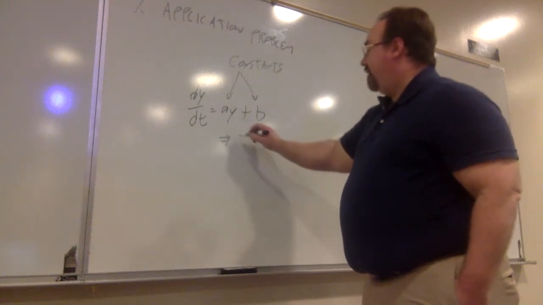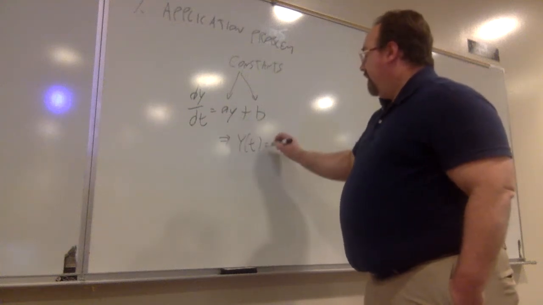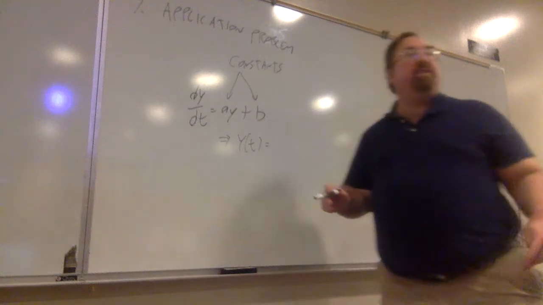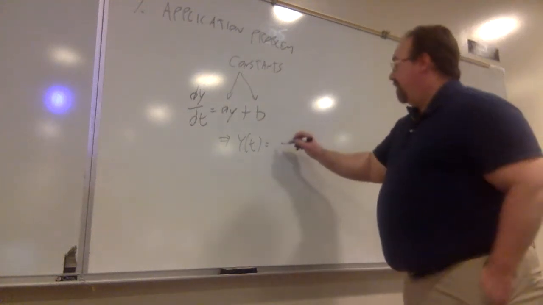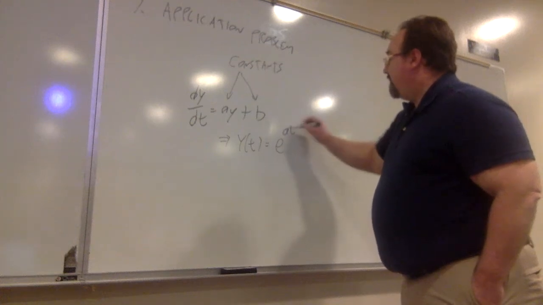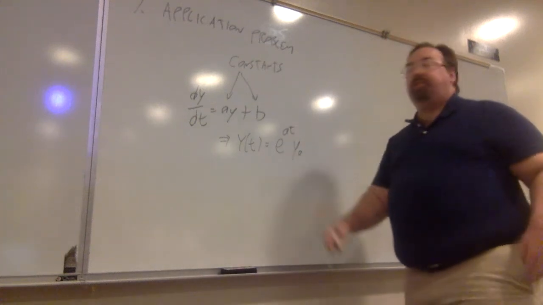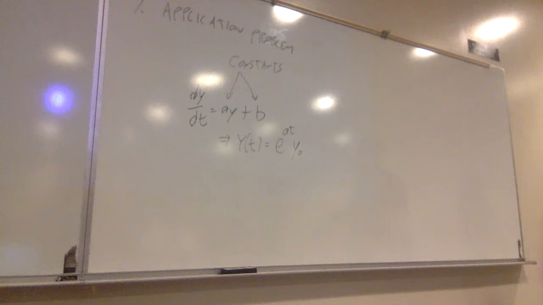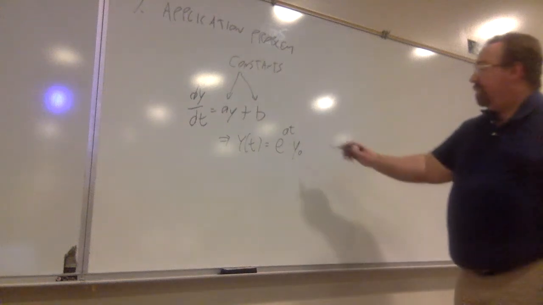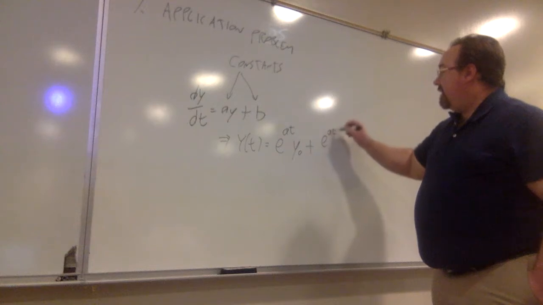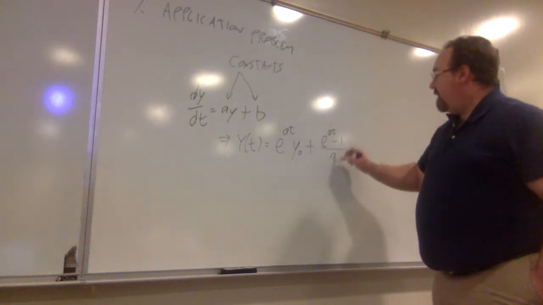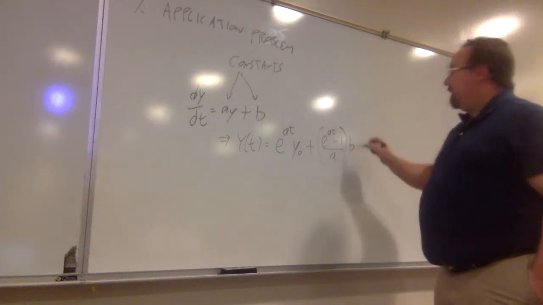So what we get is, there is a solution formula for this. It's not on the formula sheet, but if it's something you want to study and remember, it can save you some time. So it's e to the at times the initial condition, and this problem most certainly will have an initial condition, plus (e to the at minus 1) all over a, times b.